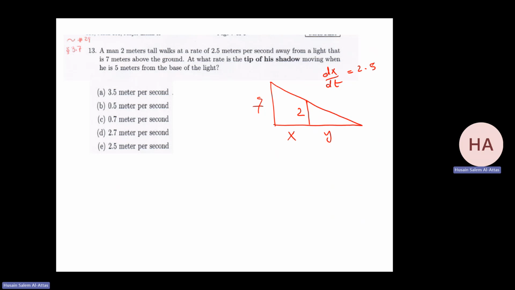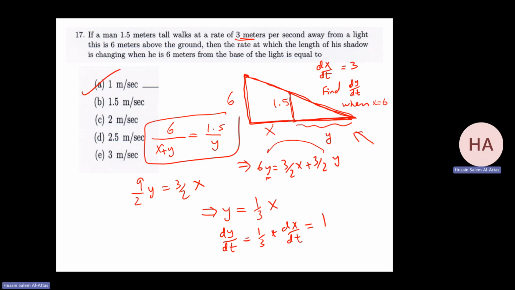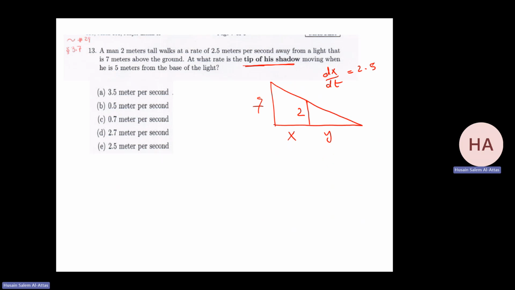At what rate is the tip of his shadow moving? Look, in the previous question, he was talking about the length of his shadow. Here, the tip of his shadow, the end of his shadow, which is this point, will be affected by y and x.